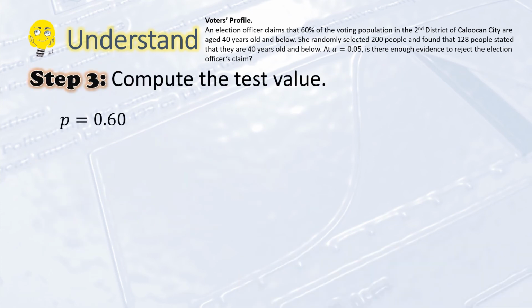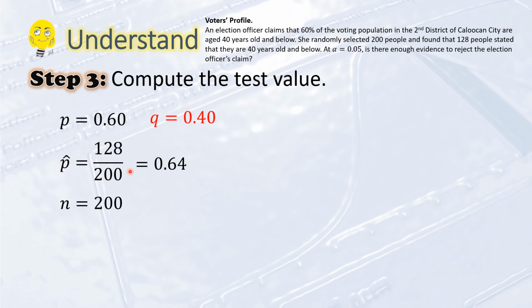For step 3, we have P is equal to 0.6, that is the population proportion, and Q is equal to 1 minus 0.6, 0.4. The sample proportion is given by 128 over 200, and that is 0.64.